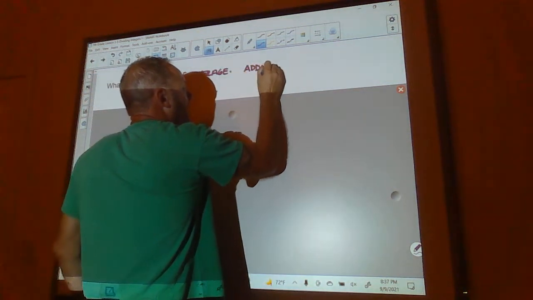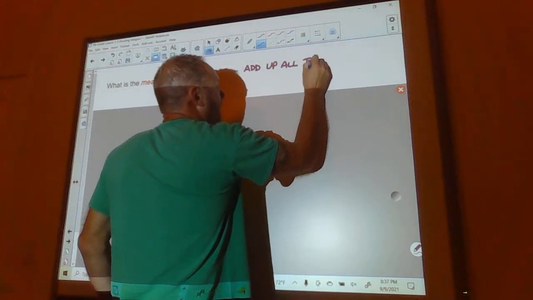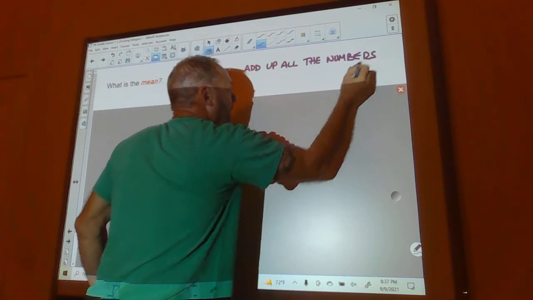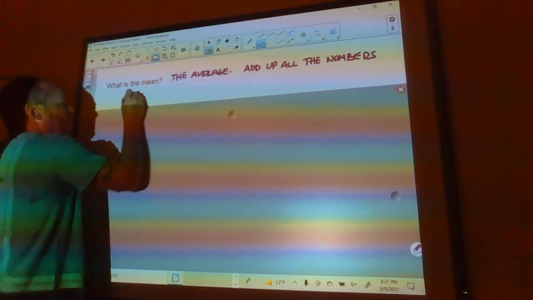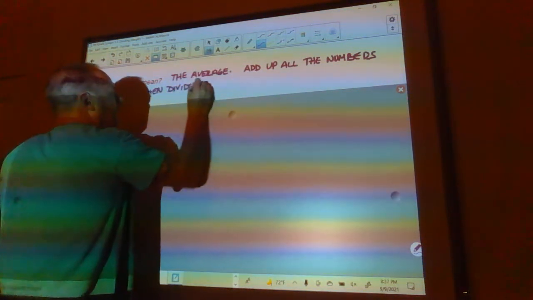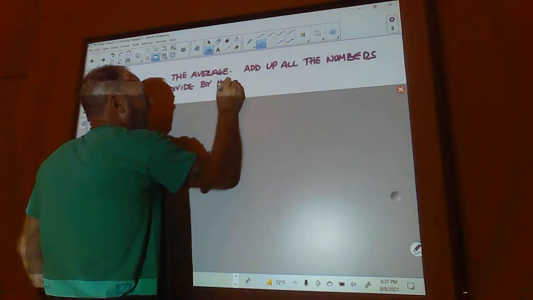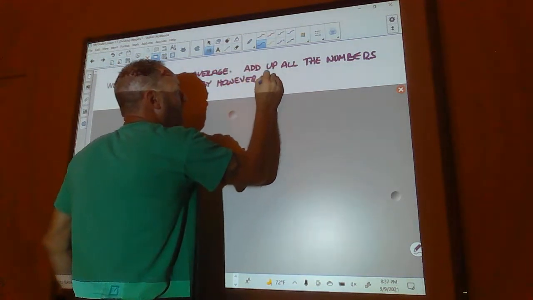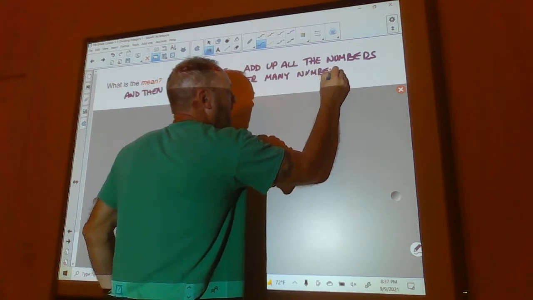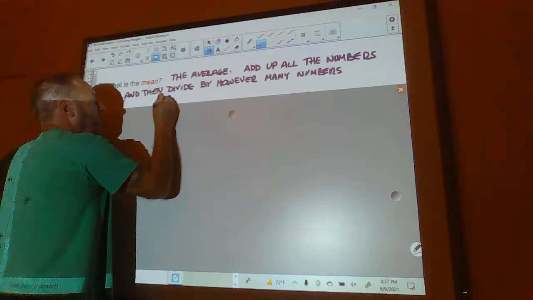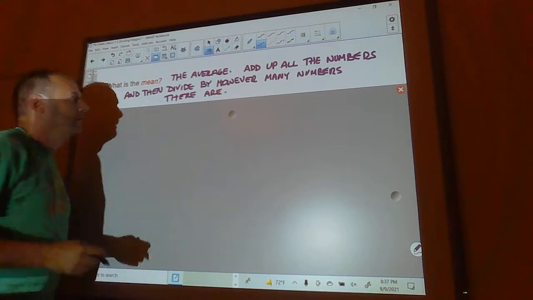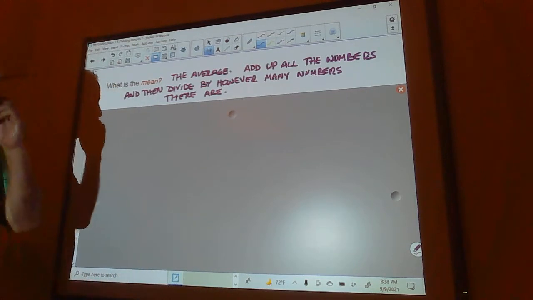You add up all the numbers and then divide by however many numbers there are. So if there's 10 numbers, you divide by 10. If there's 20 numbers, you divide by 20.